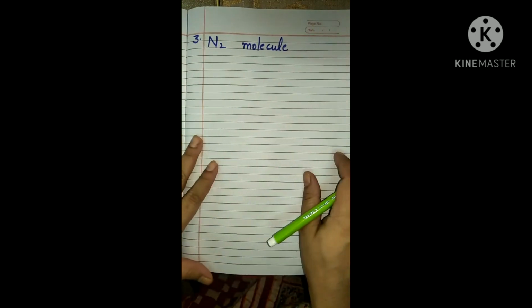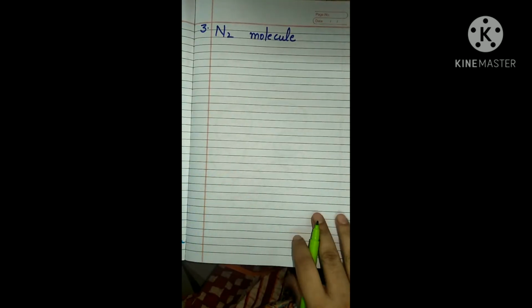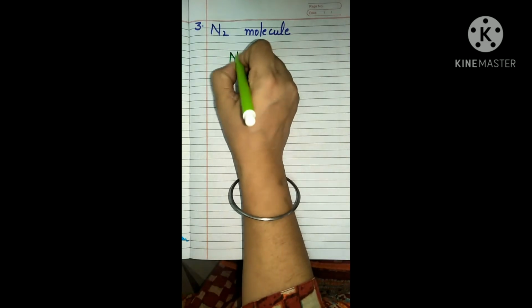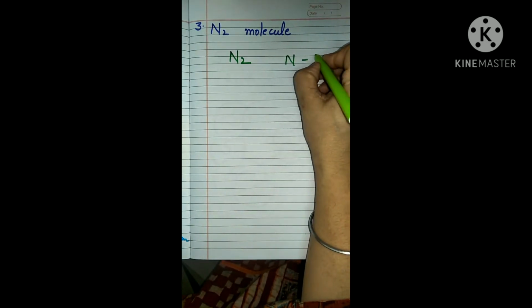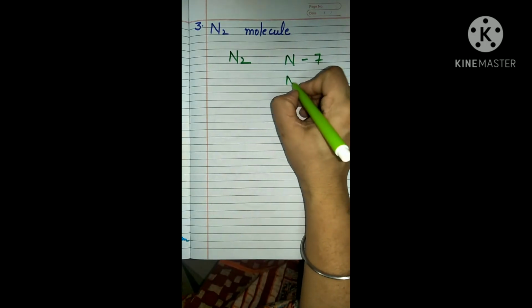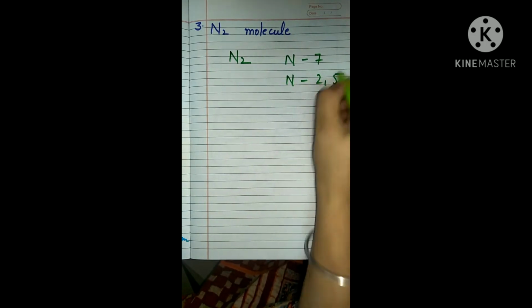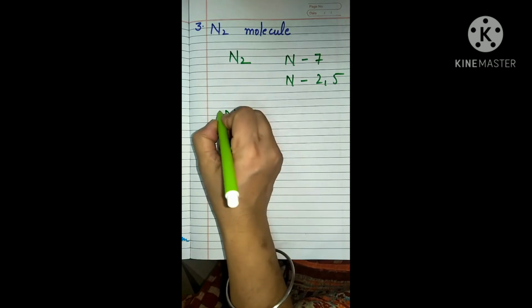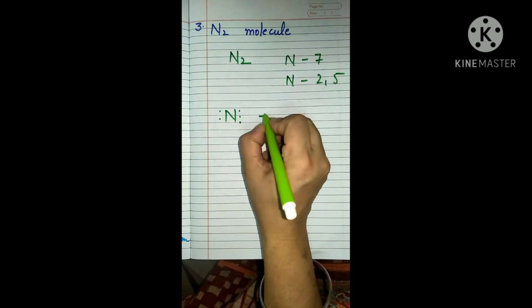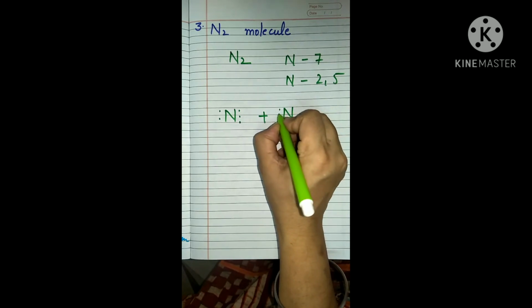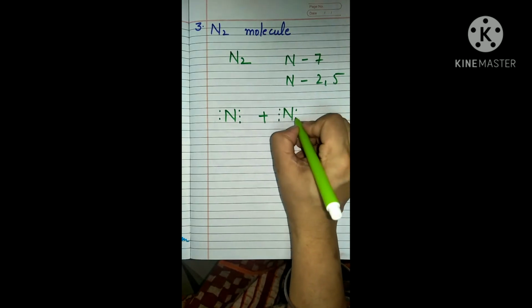Now this is the nitrogen molecule, N2. The atomic number of nitrogen is 7. The electronic configuration is 2, 5. So how will it be formed? 1, 2, 3, 4, 5. Similarly, this nitrogen has 1, 2, 3, 4, 5.